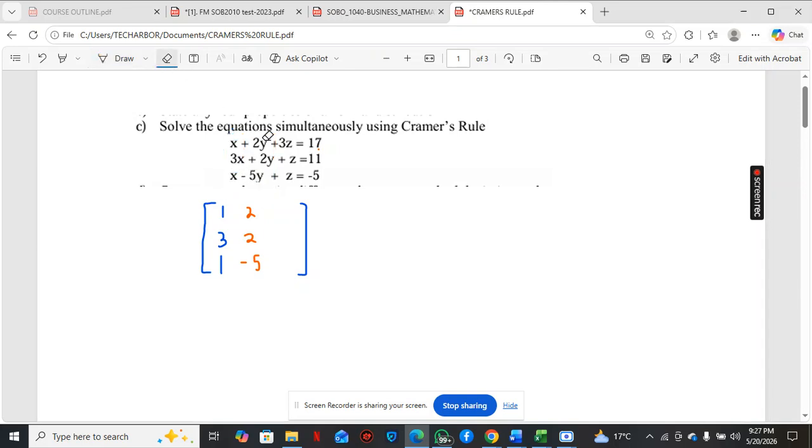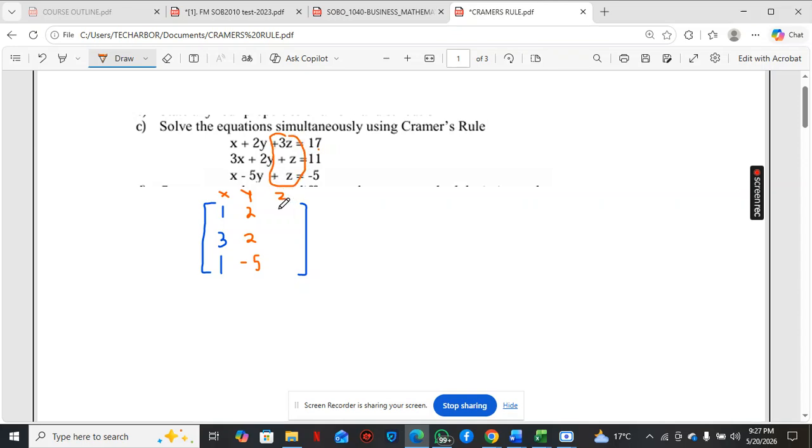Then for our z column, this is the x column, y column, and z column. Our z column, here we have a 3z, so we put this coefficient 3 here. A z here, so we put a coefficient of 1. Another z here, we put another coefficient of 1.